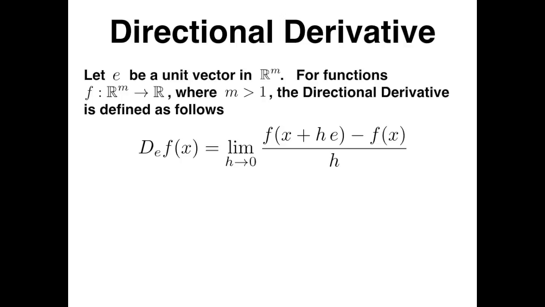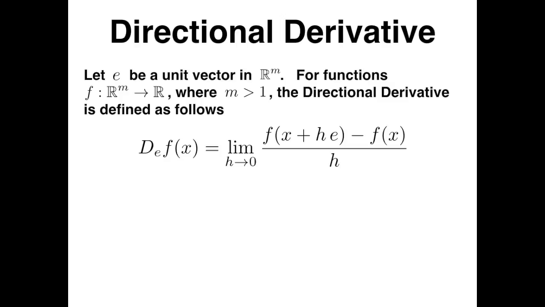Another type of derivative for these types of functions is called the directional derivative. So let e be a unit vector in Rm. For functions f that map Rm to R, where m is greater than 1, the directional derivative is defined as follows. It's the limit as h goes to 0 of f of x plus h e minus f of x all over h.